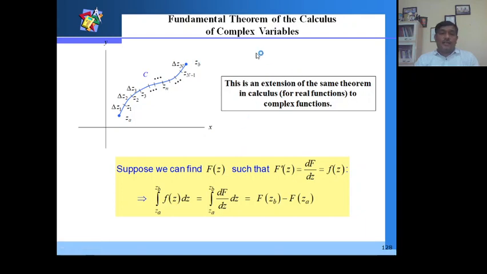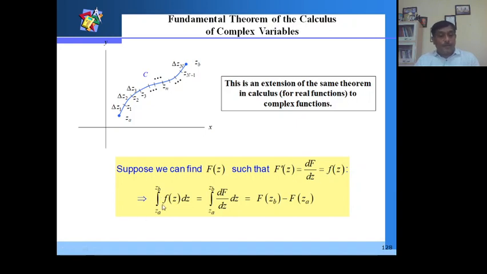Fundamental theorem of calculus of a complex variable. This is an extension of the same theorem in calculus for real functions to complex functions. We already discussed this when I discussed the line integral. Suppose we can find capital F such that F dash(z), the derivative of F divided by dz, is equal to small f(z).